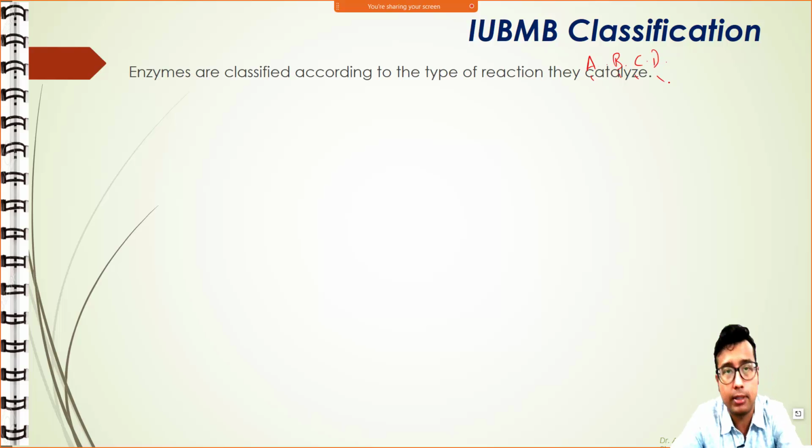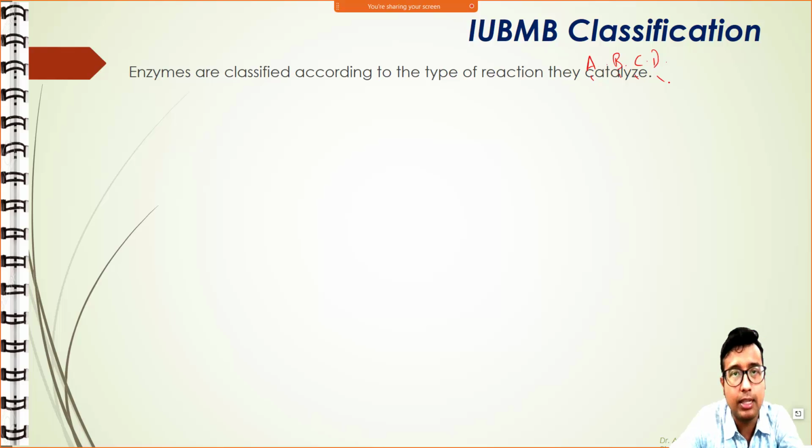Next we come to IUBMB classification. The IUBMB stands for International Union of Biochemistry and Molecular Biology. Now they classify enzymes based on a type of nomenclature, A dot B dot C dot D, and these are represented by numbers, right?